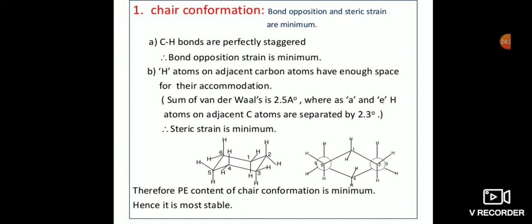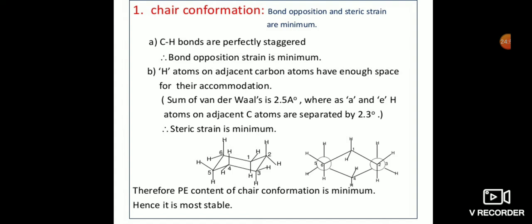Here there are two different structures: the first is by the sawhorse projection formula, and the second is by the Newman projection formula. All CH bonds are perfectly staggered in this cyclohexane.